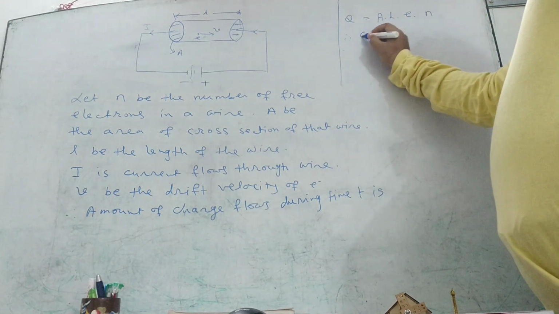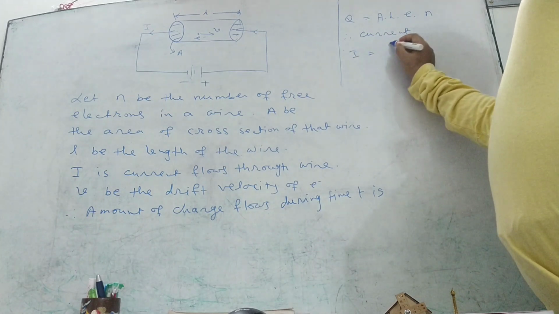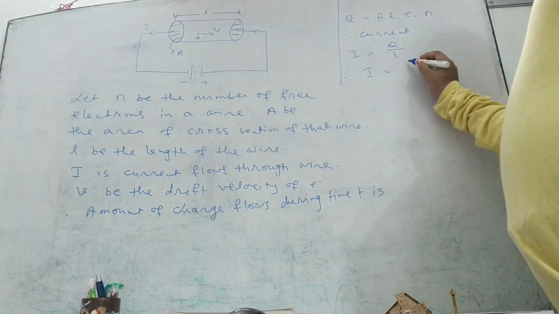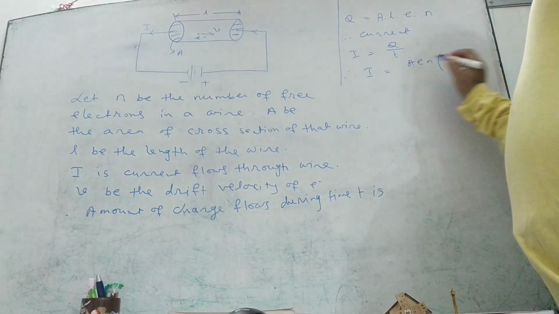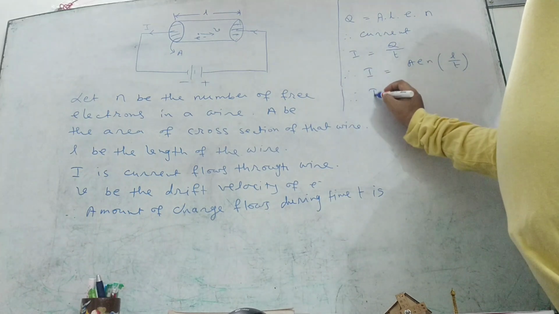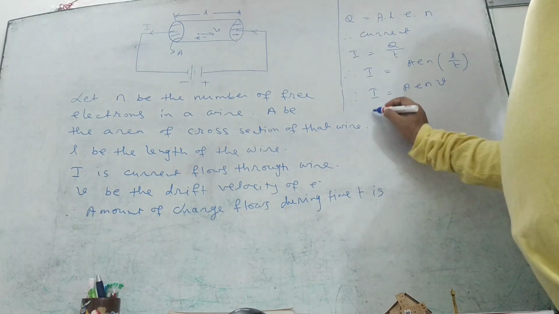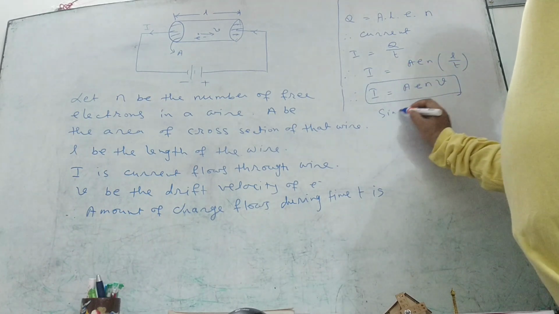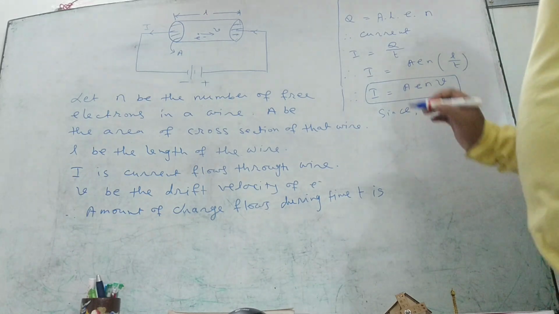Therefore, current I is equal to Q by t. Therefore, I is equal to A e n into L by t. Therefore, I is equal to A e n into v. This is the final expression of current, since we know v is equal to L by t.